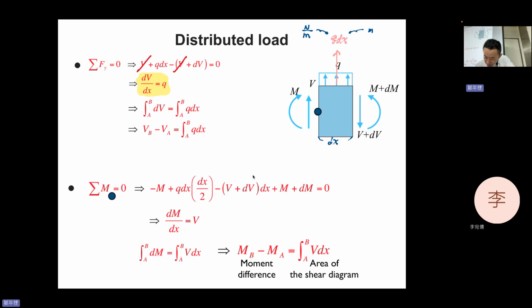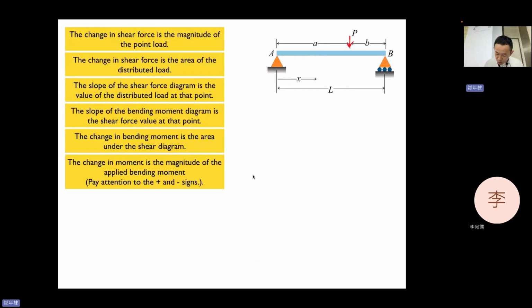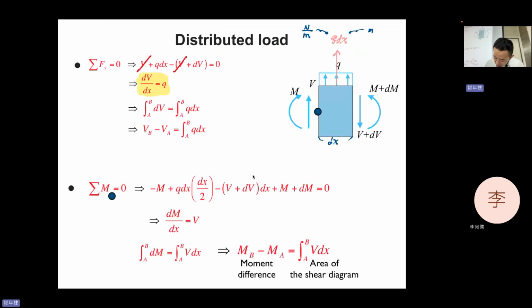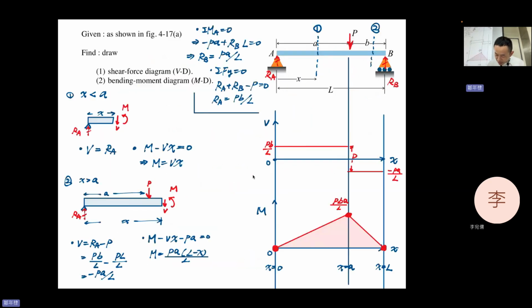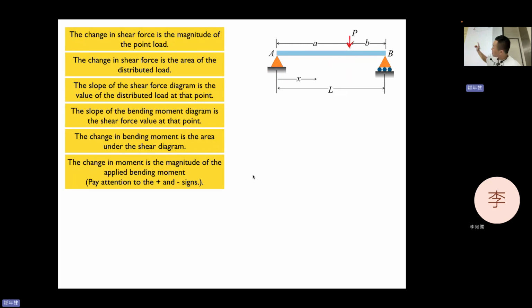All right, I'll memorize it. The change in shear force is the magnitude of the point load.